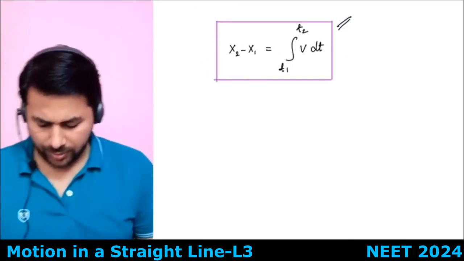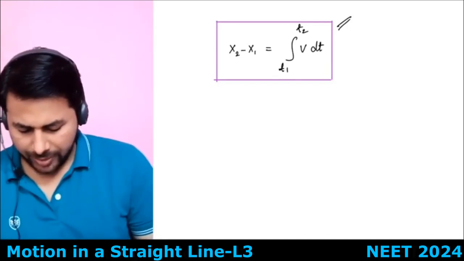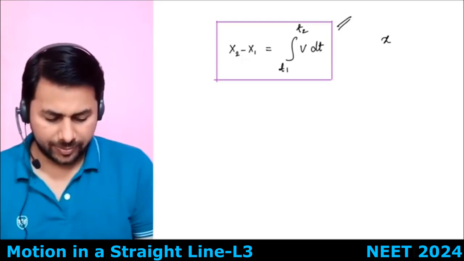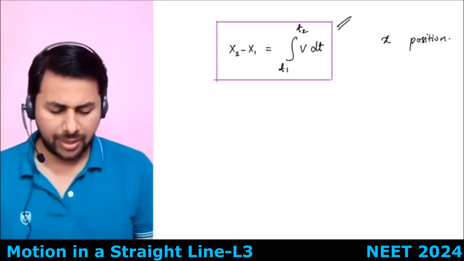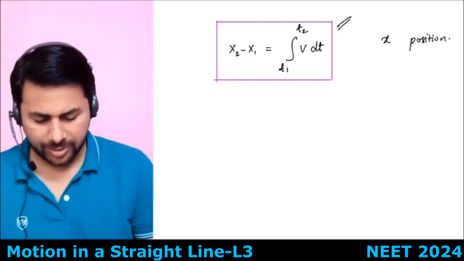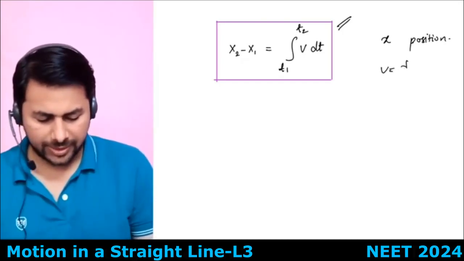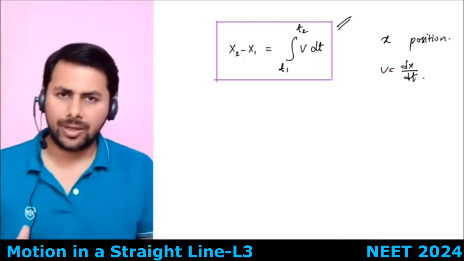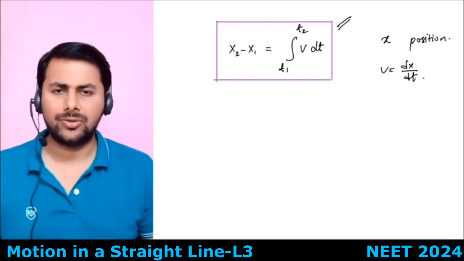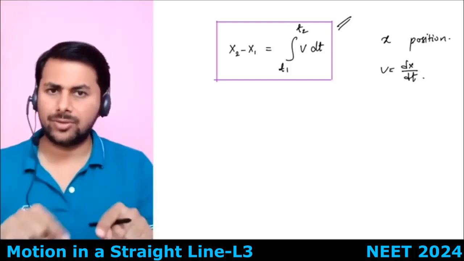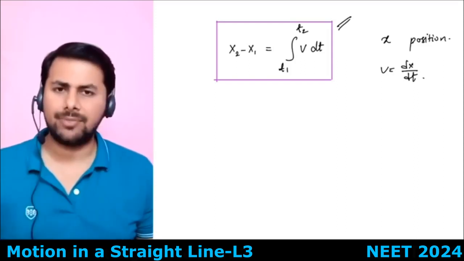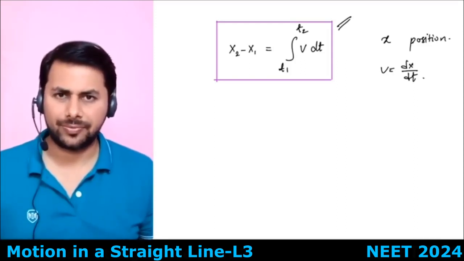I want to find x2 minus x1, where x is position. Now v is the derivative of x with respect to time, so if you take the integral of v, you will get x, but within two limits: x at time t1 and x at time t2.